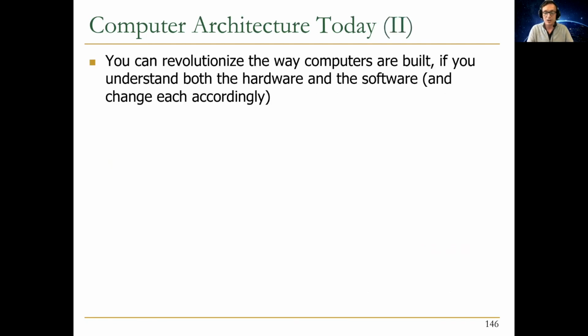So I'm going to conclude with this set of motivating slides. I believe as newcomers to the field, you can revolutionize the way computers are built, or how we think about computing in general, if you really understand both the way hardware and software are designed, should be designed, and how you should really change each accordingly.